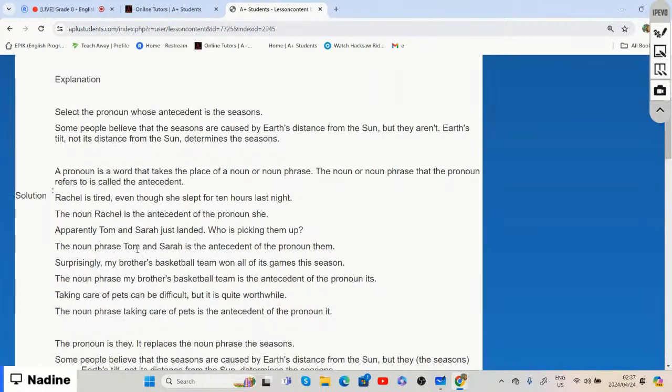And the noun or noun phrase that the pronoun refers to is called an antecedent.